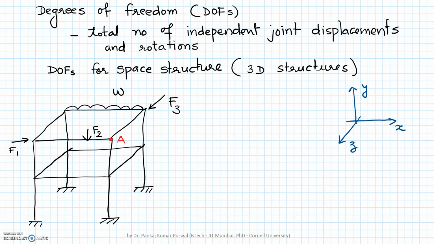So for a joint, that is A in this example, we have 6 degrees of freedom.